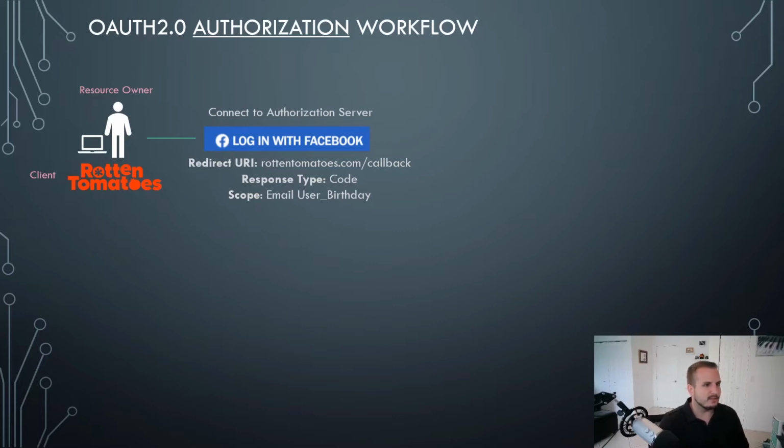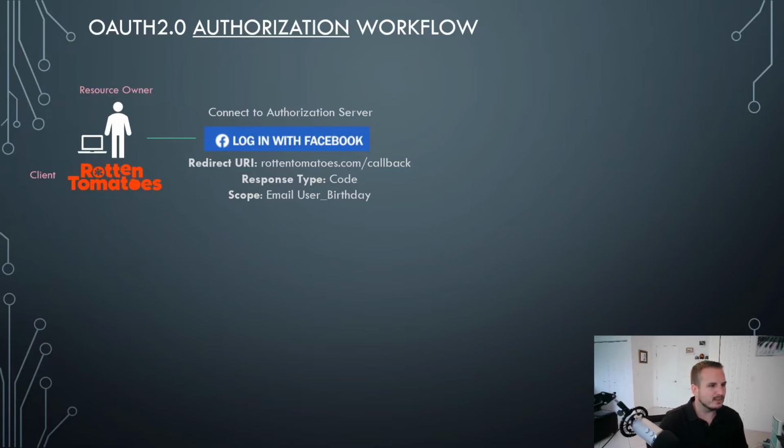So we're going to send things like the redirect URI. So again, after you authorize with Facebook, this is going to be your callback where you're going to be sent back, as far as the exact URL for Rotten Tomatoes. We're going to ask for a response type of code. We also have a response type of token, but I'll explain that in a little bit.